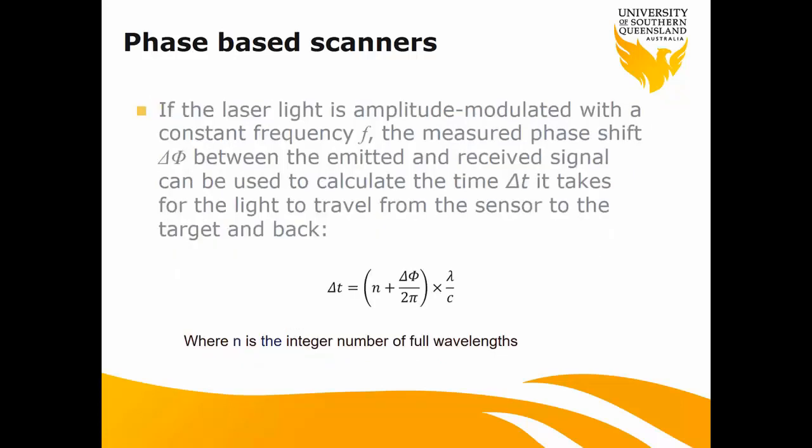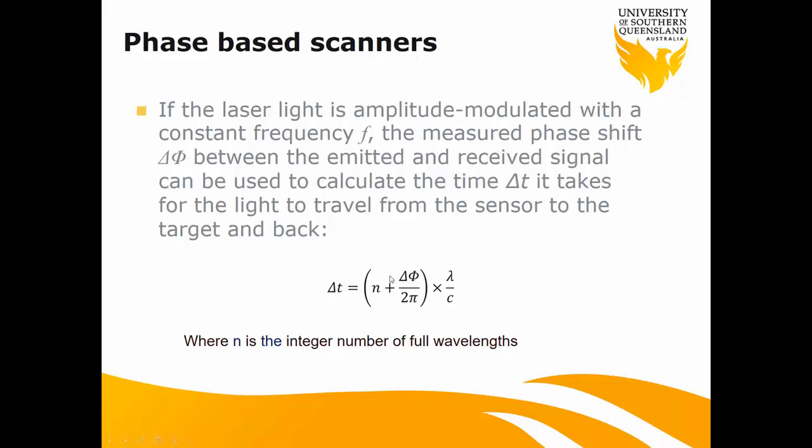Now let's have a look at the principle of the phase-based laser scanner. We already know we don't directly measure the travel time. We measure the phase shift, and in this way indirectly measure the traveling time. So the formula is like this, and the time we can calculate.